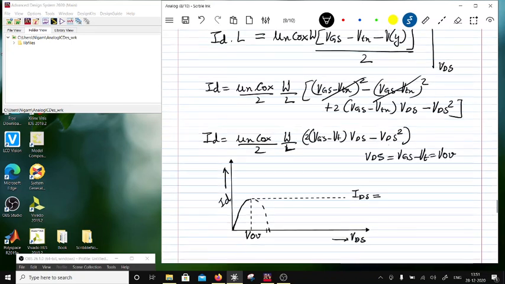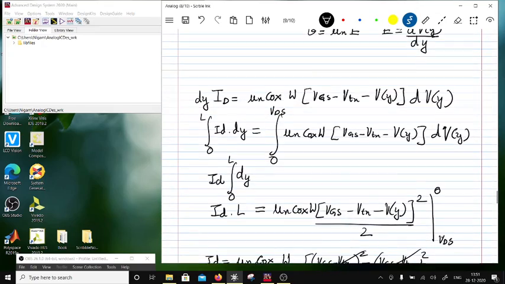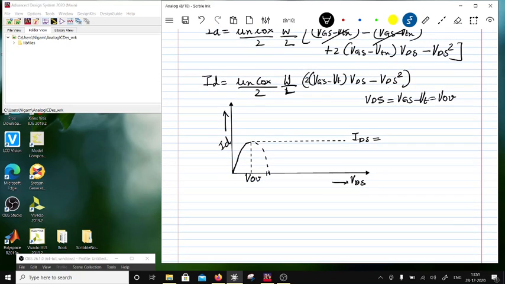But beyond pinch off, what's going to happen is that L is going to shrink to L dash, and as you increase VDS, L dash is going to become smaller and smaller. So the same equation applies with L dash instead of L. So in this region the current is going to increase like this, and then something like this would happen.